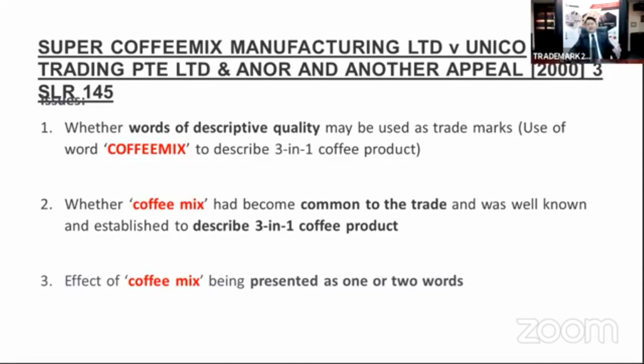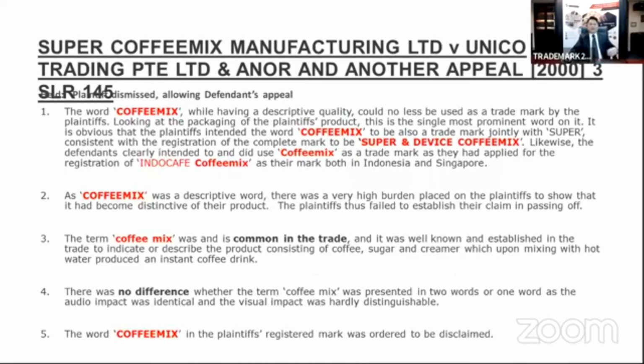The second issue is whether the word coffee mix has become common to the trade, and was well known and established to describe 3-in-1 coffee products. It's very important for the court to decide this. Why? Because if the court thinks that coffee mix is descriptive and common to the trade, then Super will be bye-bye.